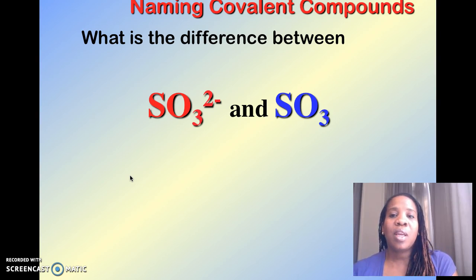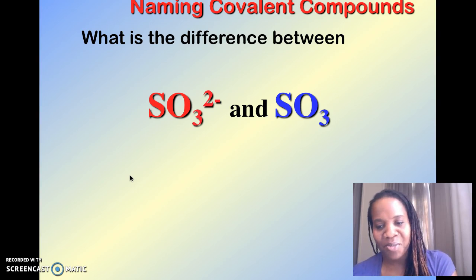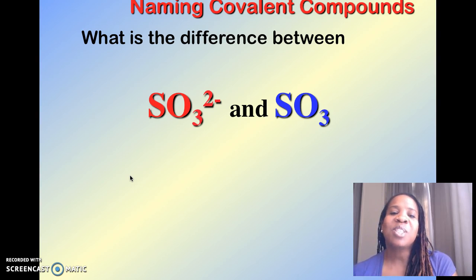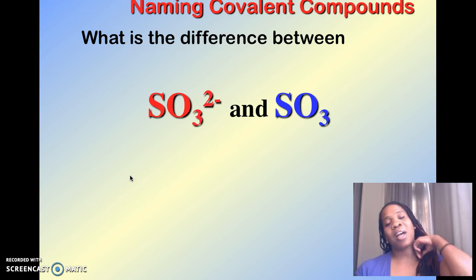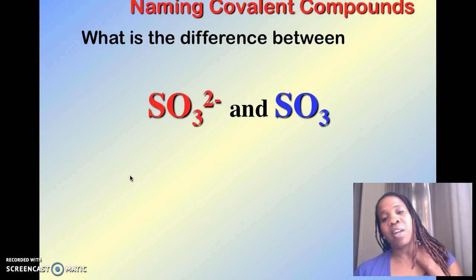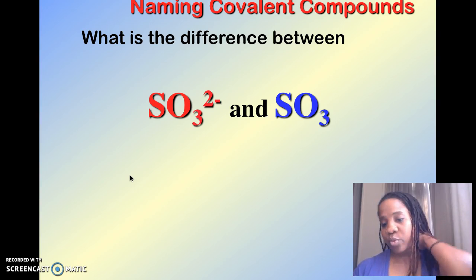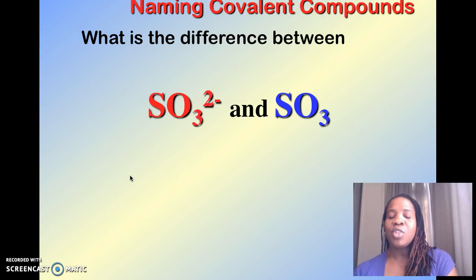What about when you want to name covalent compounds? These are super easy. The only thing you have to worry about is making sure that you're talking about a covalent compound. The difference between an ion, which is the polyatomic ion, and the compound is that the compound doesn't have a charge. Okay, so just keep that in mind. If you have been doing a lot of ionic compounds, you might forget to look out for that.